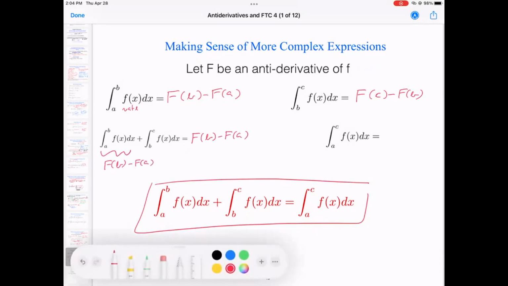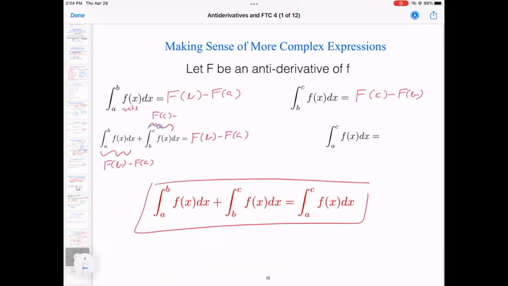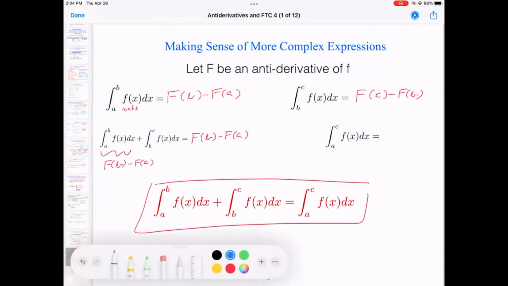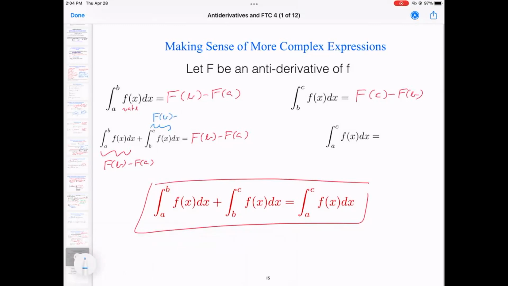And this part here is capital F of C minus, let me use a different color for that. I think I need to buy a new Apple Pencil, or just the head of it, because it's always hard to write with it now.